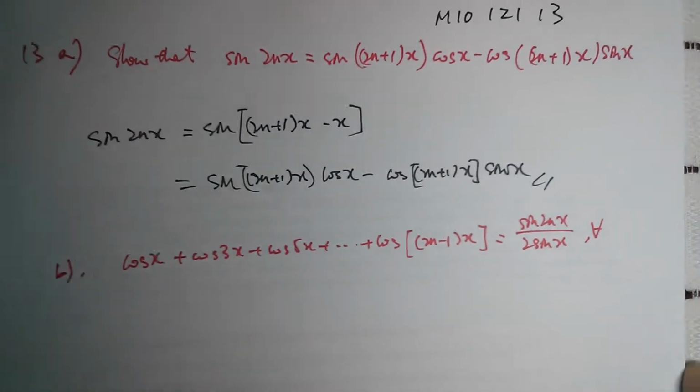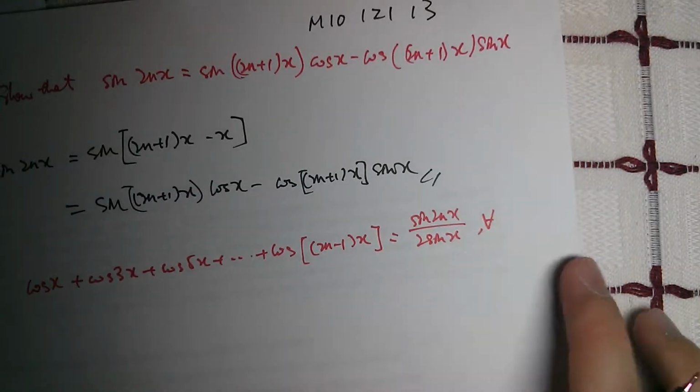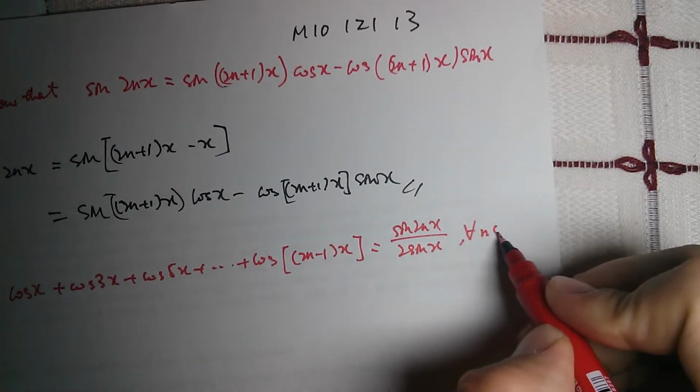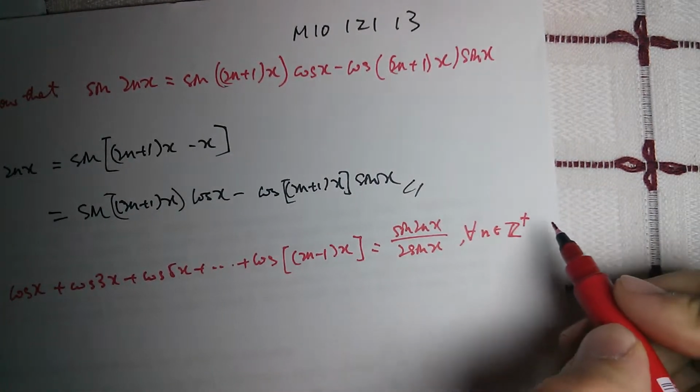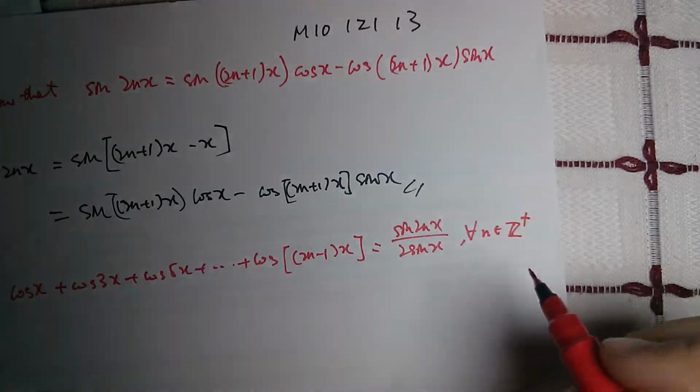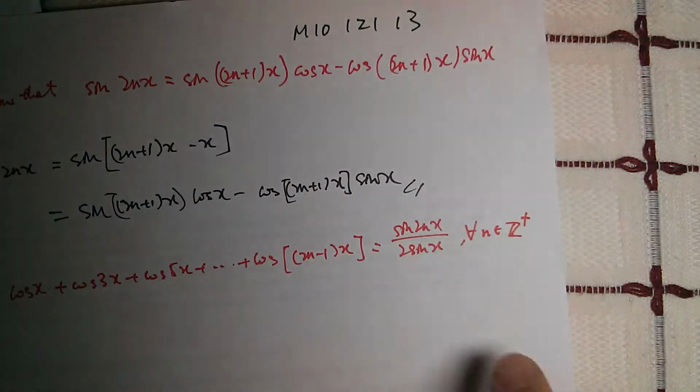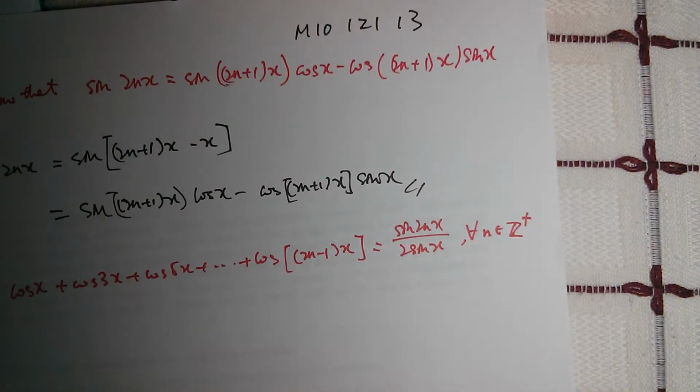By the way, this is the symbol for all. Also, the question gives that sine x is not equal to 0. It's just for the sake of the fraction. It probably won't affect our proof.